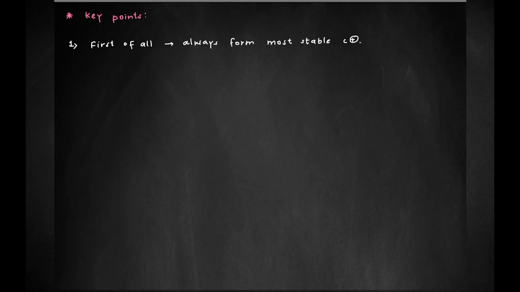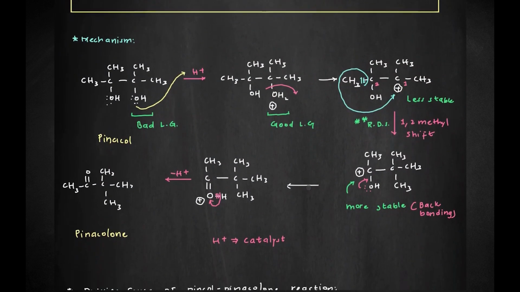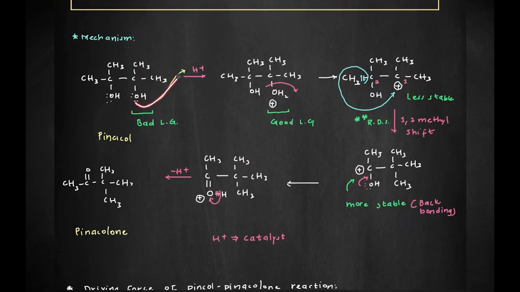Got it? That means if you look at this particular reaction, if you protonate this OH, then in the next step this OH will be removed, then carbocation will be formed at this particular site.